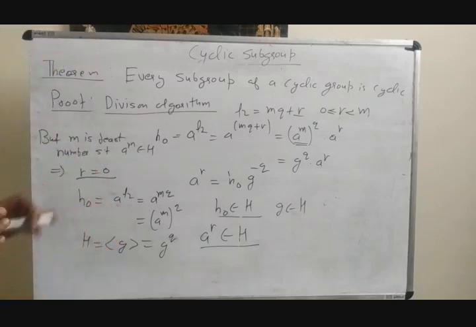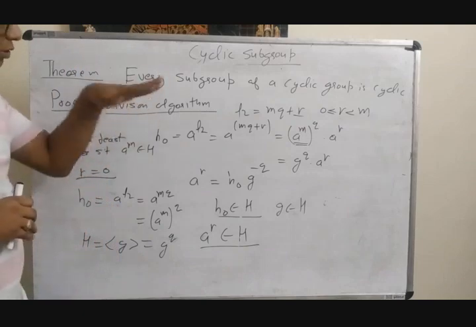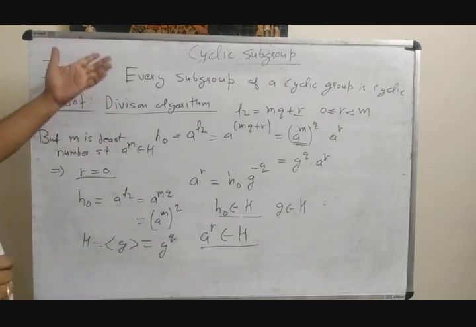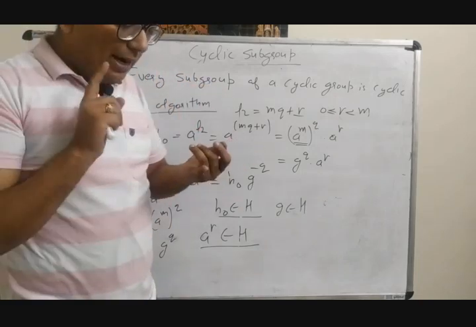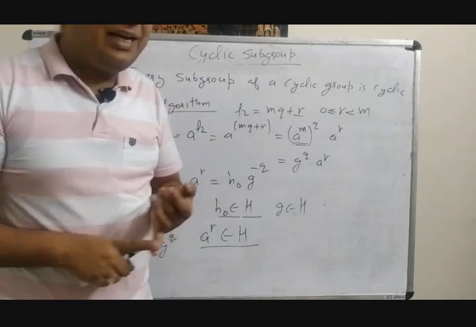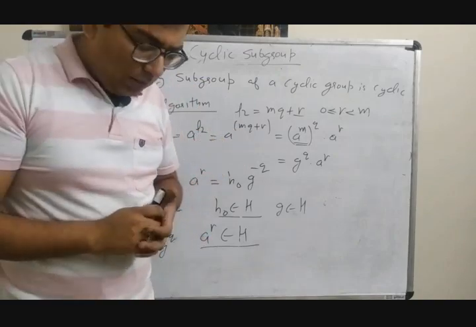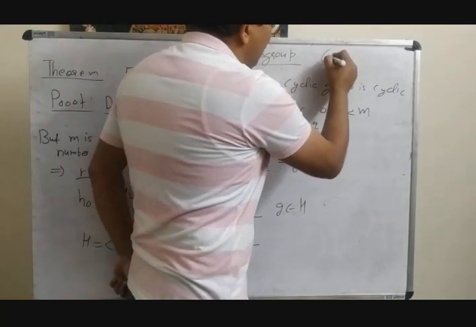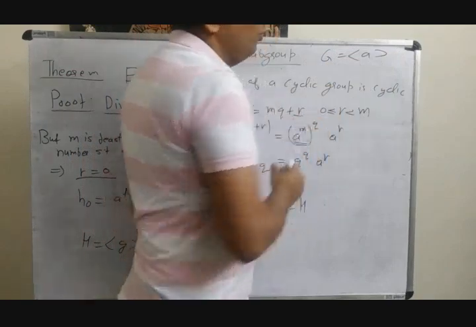So let's revise it because it is a lengthy one. Let's conclude the things and then we'll move to a few examples. So what is the problem? We want to prove that every subgroup of a cyclic group is cyclic. We first consider G as a cyclic group.